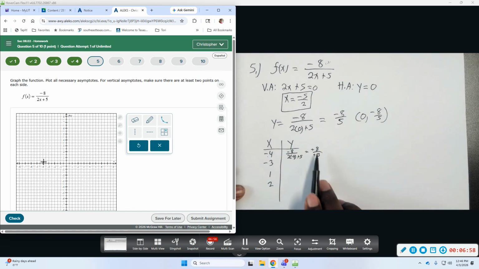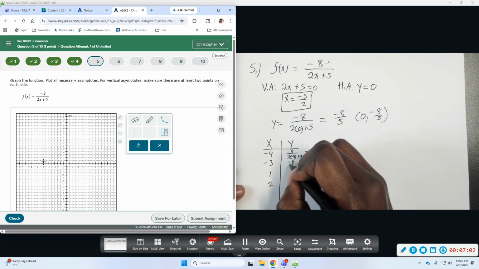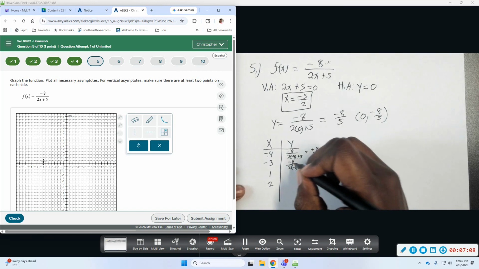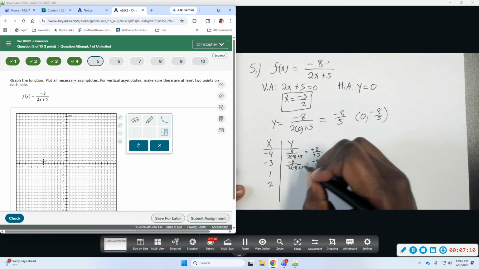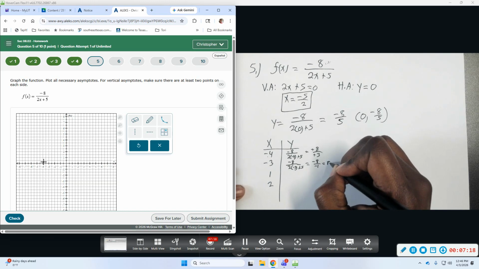So we get (-4, 8/3). And if I do the same thing, -8 over 2 times -3 plus 5, we get -8 over -6 plus 5, -1, and we reduce, we'll get a +8.